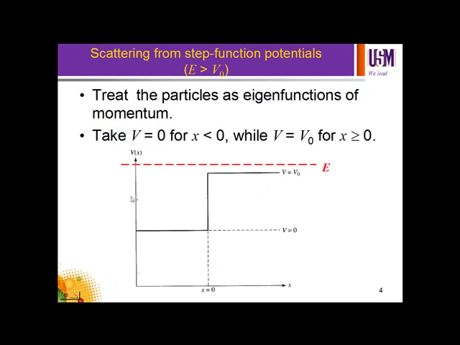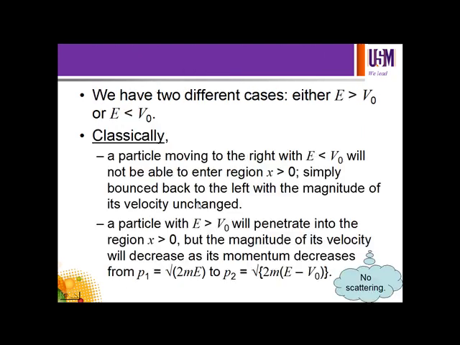That means classically, if your E is down here, going to the right like this, the particle will be reflected back by the step potential if E is less than V naught. Okay, simply bounce back to the left with the magnitude of its velocity unchanged. Direction only changed. Initially, it moved to the right, then it hit the step potential, then it turned to the left or move to the left with the same magnitude.